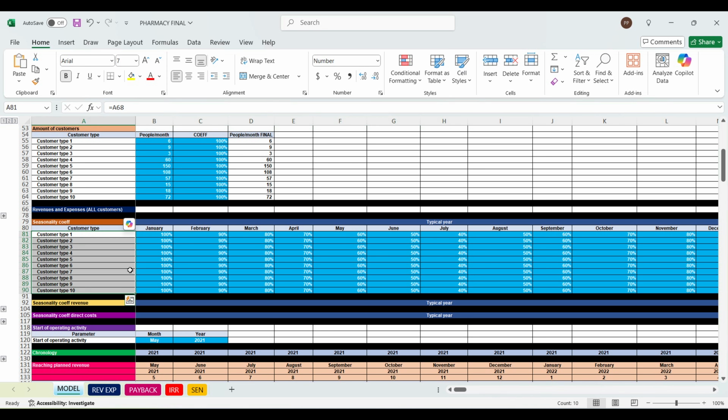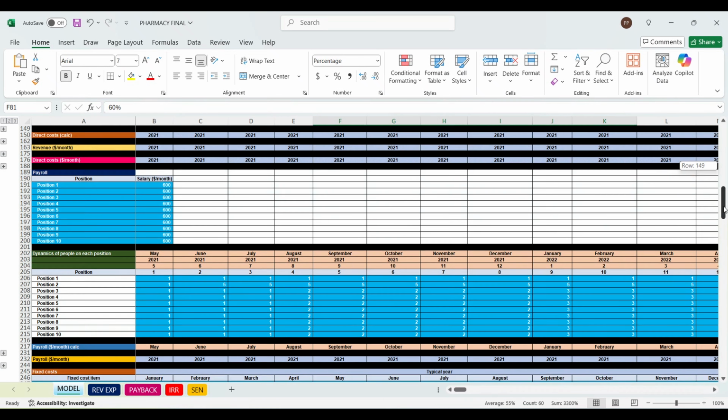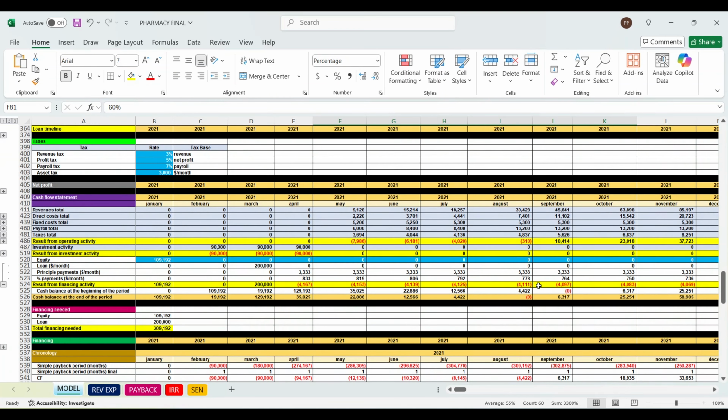So we need to add seasonality to our model and see how it affects the cash flow, because if we have a decrease in summer months, for example, this may lead to operating losses inside the cash flow statement.